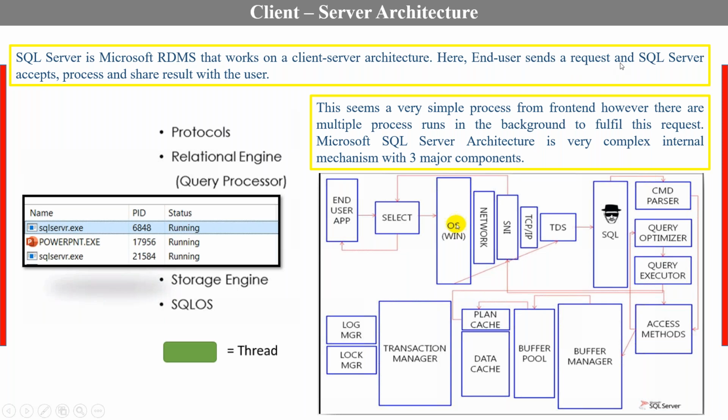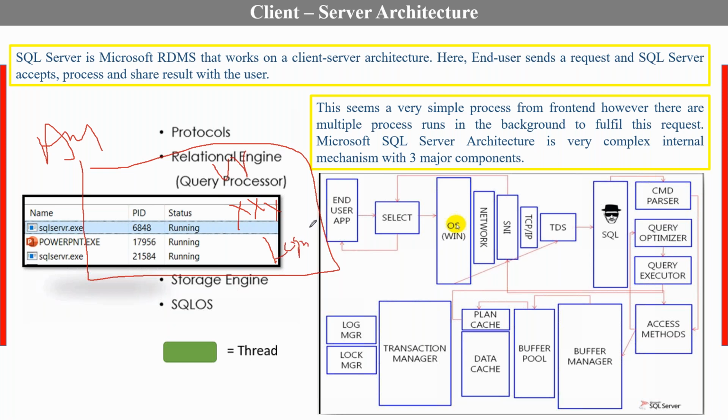The end user sends a request, and SQL Server will accept, process, and share the result with the user. Means, sir, whenever you are trying to open Amazon, you are connecting to the portal, entering your email address and your password, and you click on login.